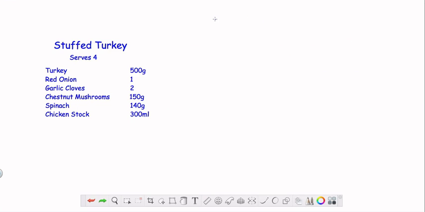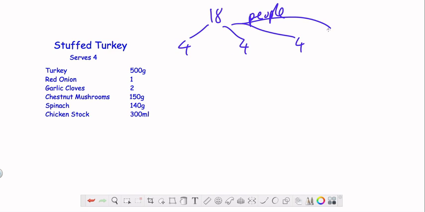Right, if you want to do the same thing, but this time let's say for 18 people, well, you can split that 18 people into 4 people, 4, 4, 4 and 4 and 4 makes 12, another 4, that makes 16, another 2 makes 18.